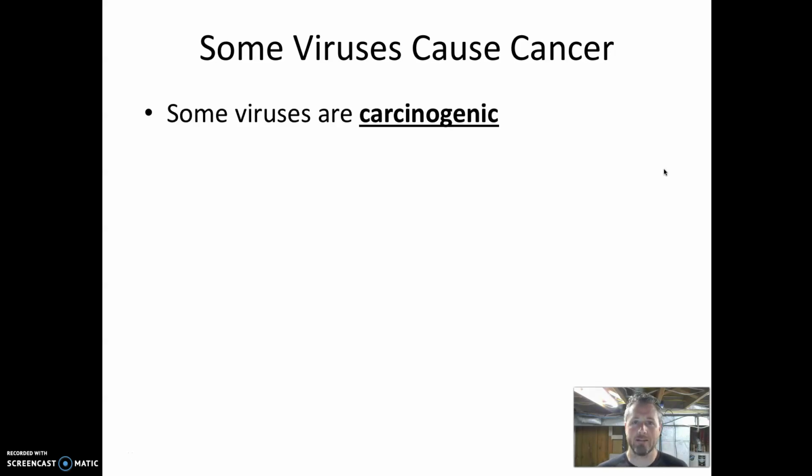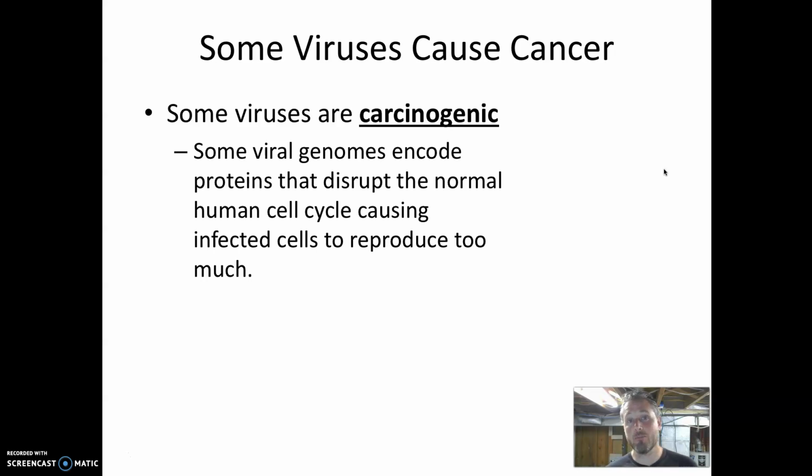But again, why? The first explanation, it just depends on, well, what is in the virus's genome? So some viral genomes encode for proteins that are not normally found in the body, and those proteins disrupt the normal human cell cycle, causing the infected cell that contains the virus to reproduce too much.